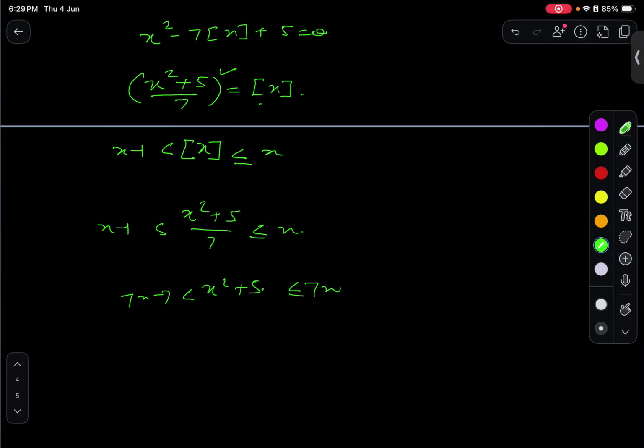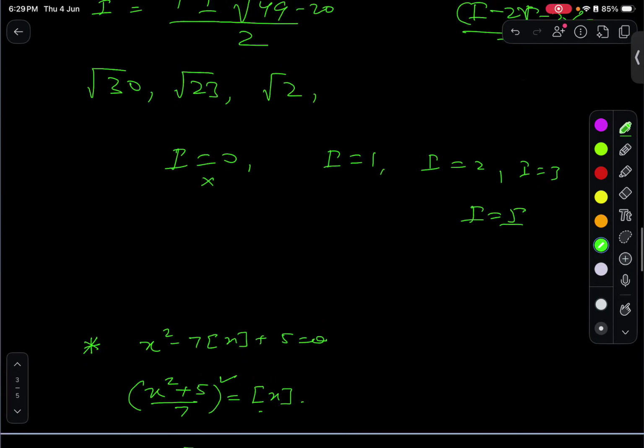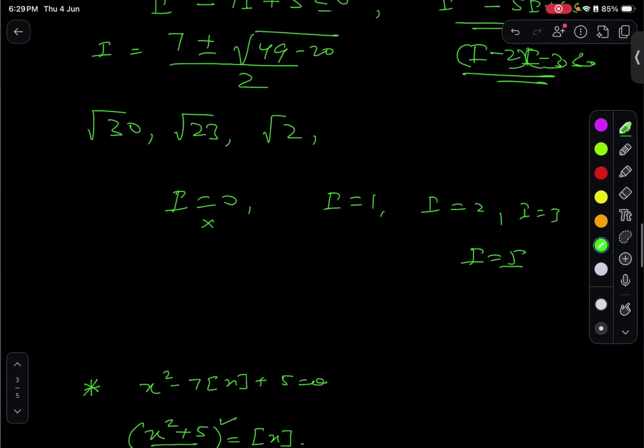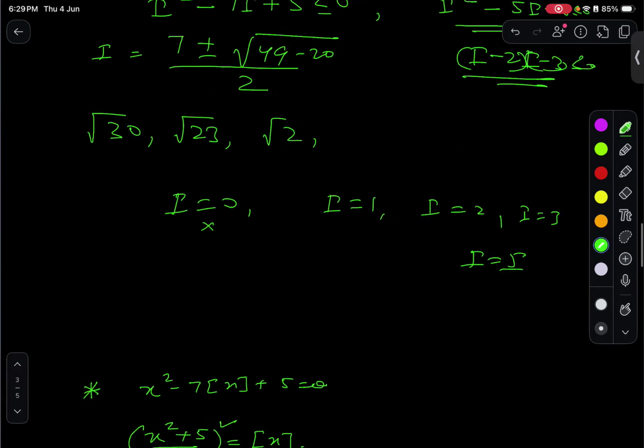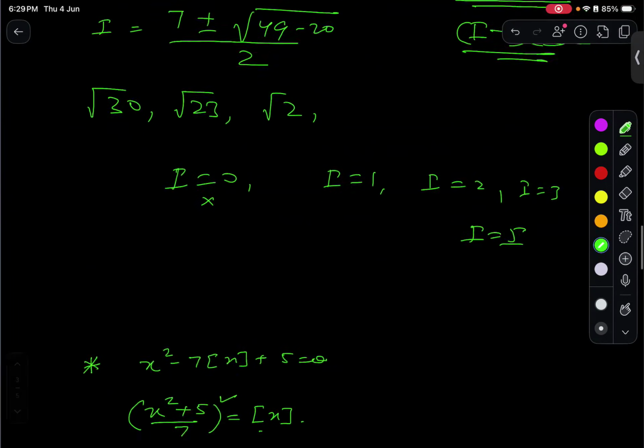Yes, sir. So you are using the upper bound, lower bound method here. Yes, yes. So I did it the same way, and I think square root 37 should also be the answer for x. 5 for 5, na? Yes, sir. That I was asking. Okay, what is the one more value is coming for I is equal to 5, that will satisfy.